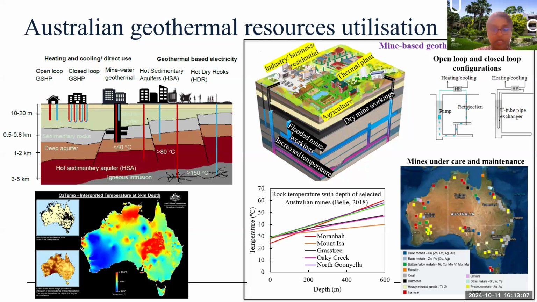Another type of potential geothermal resource we are currently exploring is mine-based geothermal systems. There are deep underground mines in Australia that have reached temperatures beyond 40 degrees Celsius in some instances, and cooling of active mines is challenging as well.